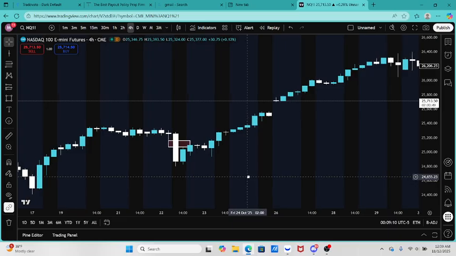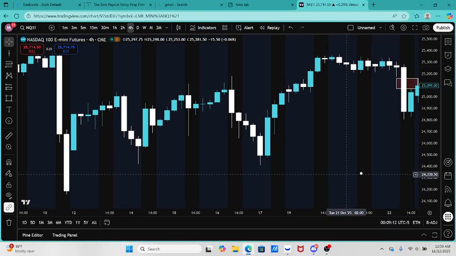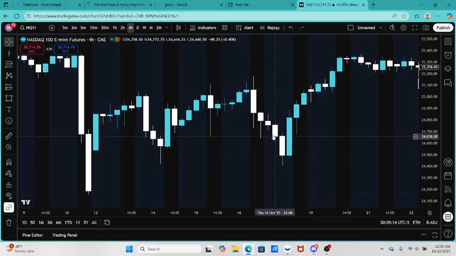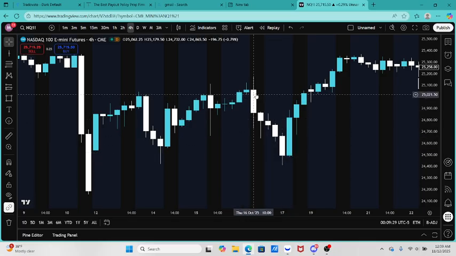And now your swing low. Three candles, one, two, three, and the candle in the middle is lower. How would I explain that? I would say maybe like a head and two shoulders on the side.